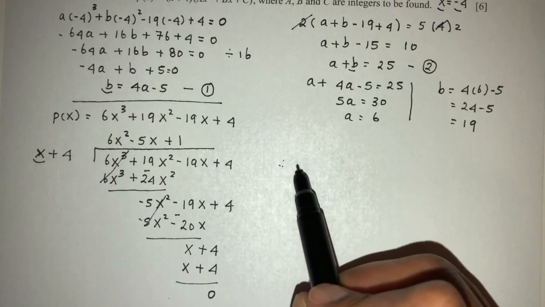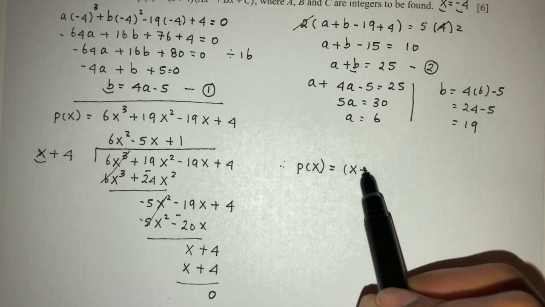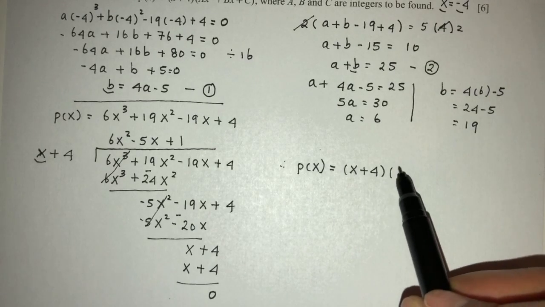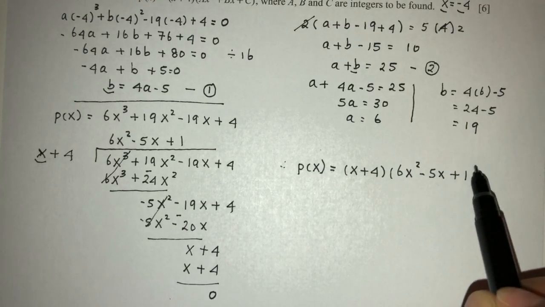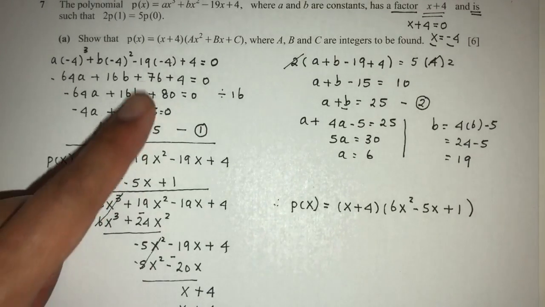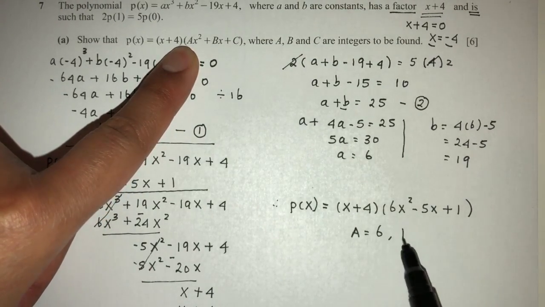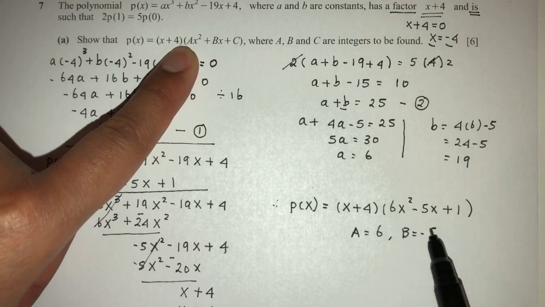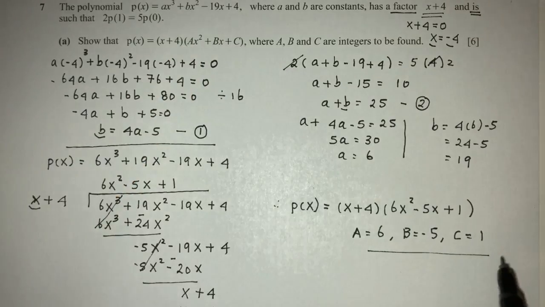So now we know that p of x is equal to x plus 4 times 6x squared minus 5x plus 1. So by comparing with this, you can conclude that A was 6, B is minus 5, and C will be 1. And that is your answer for part A.